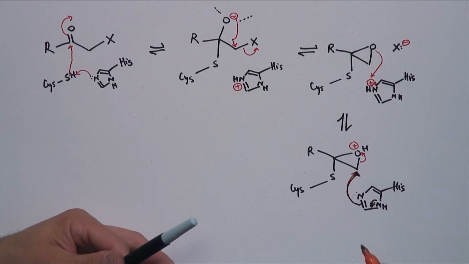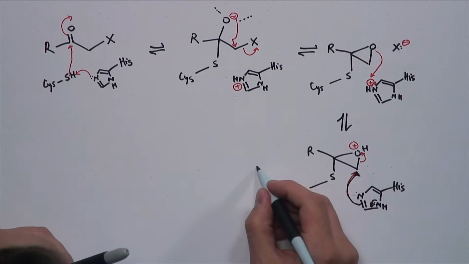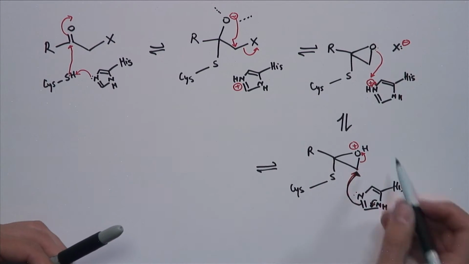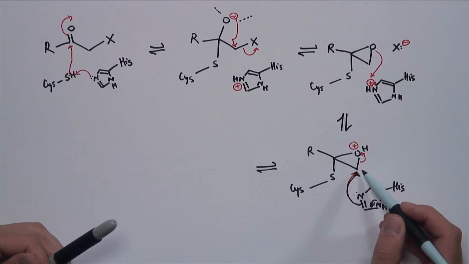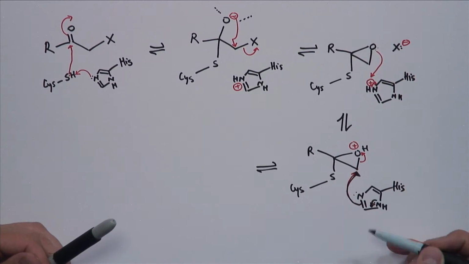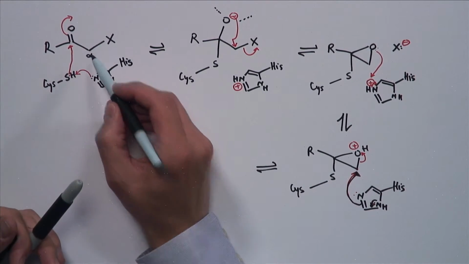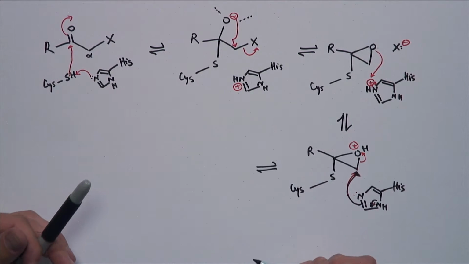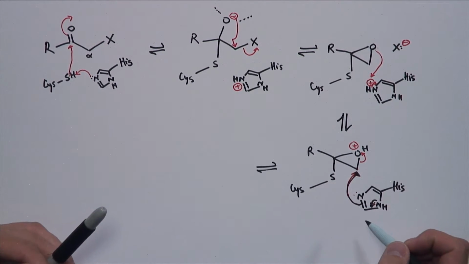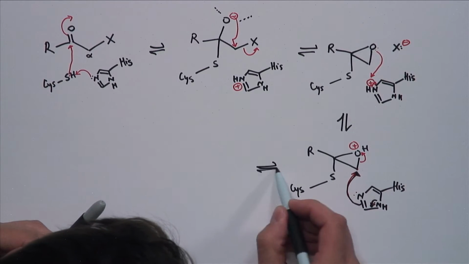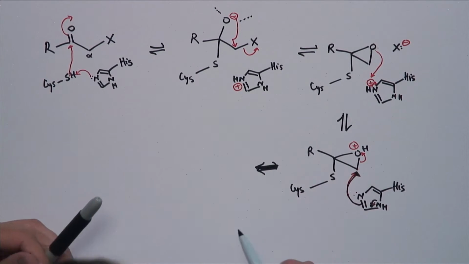All right. So what we're getting out here is a covalent bond between the histidine and the alpha position of the original alpha substituted ketone. Now, this reaction will not be, in fact, reversible. So we should just say one arrow only.